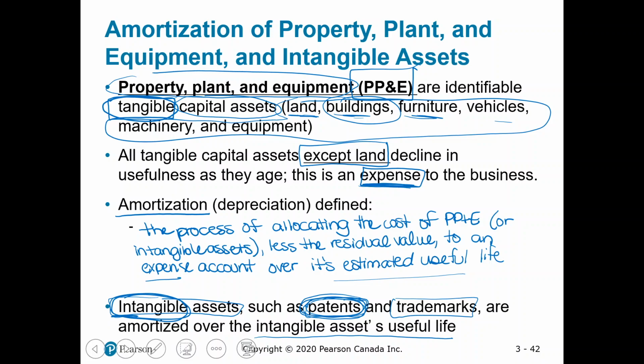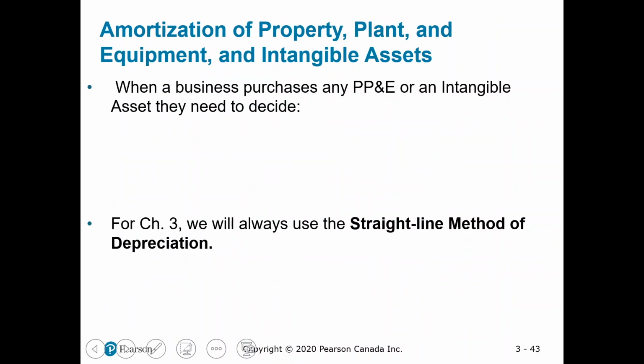Okay, so amortization, if we just quickly look at this definition again, the process of allocating the cost of PP&E or intangible less the residual value to an expense account over the item's estimated useful life. So two important parts there. So when we buy PP&E or an intangible asset, business needs to decide on two things.